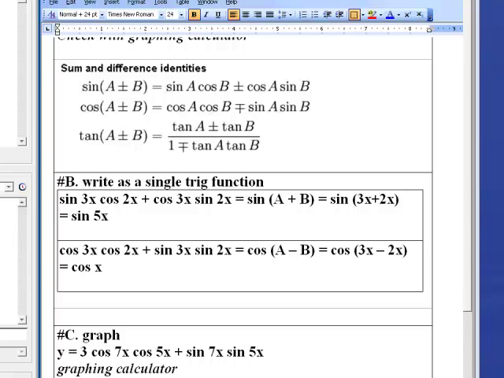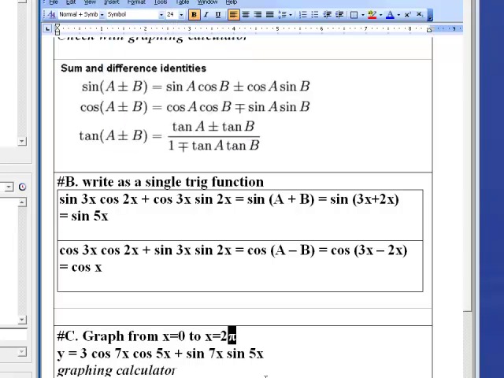Okay, the next problem says graph the following from 0 to 2 pi. Graph for x equals 0 to x equals 2 pi. Okay, let's do it. What should we come up with?